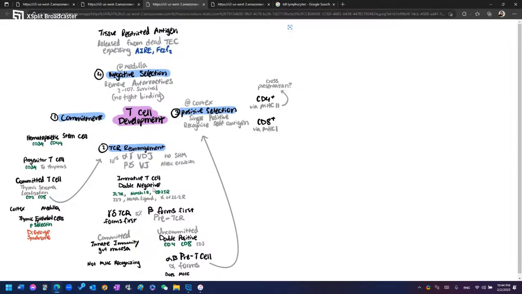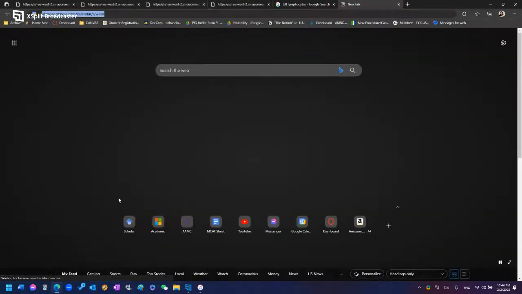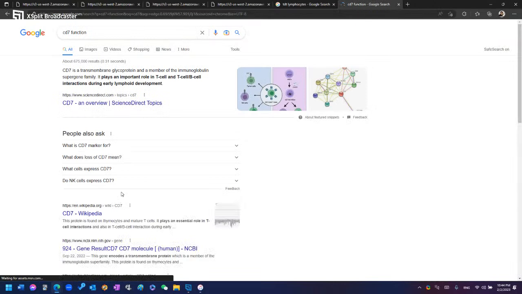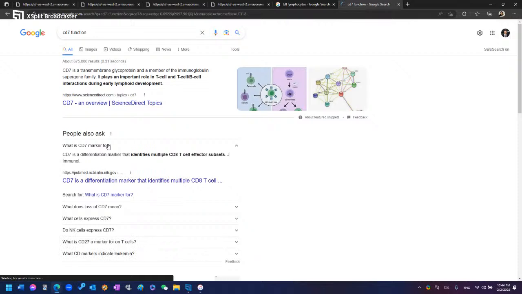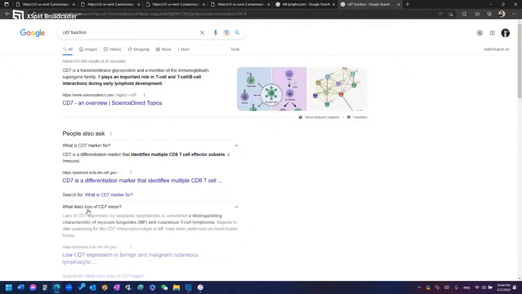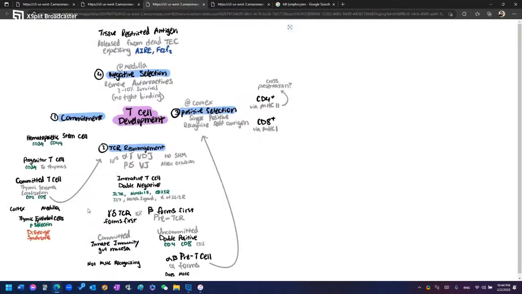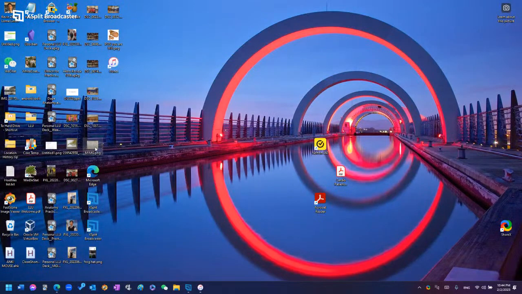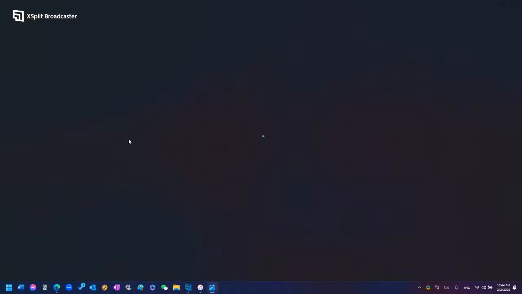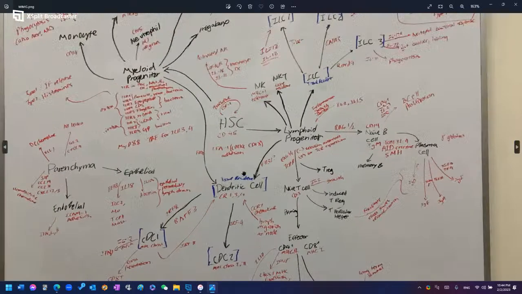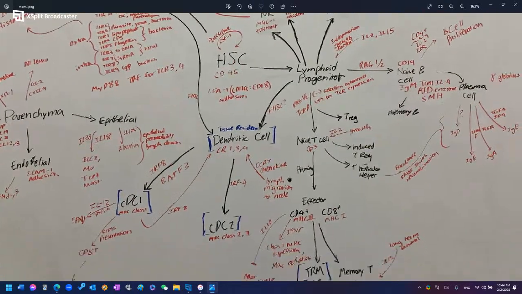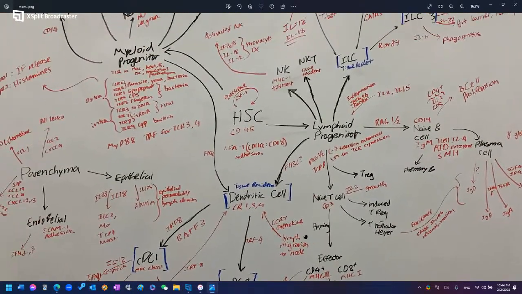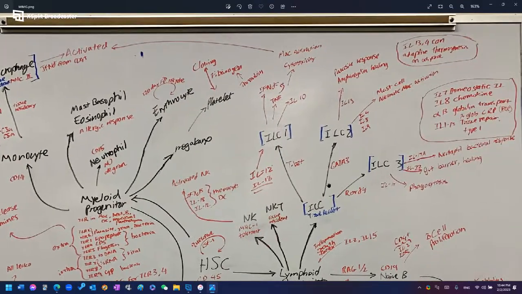Oh, yeah, right. I remember. I have CD7 here. Well, that's IL-7. That's not the same thing. CD7. Let's see if I have it on my poster. I doubt it, though. I don't see it.